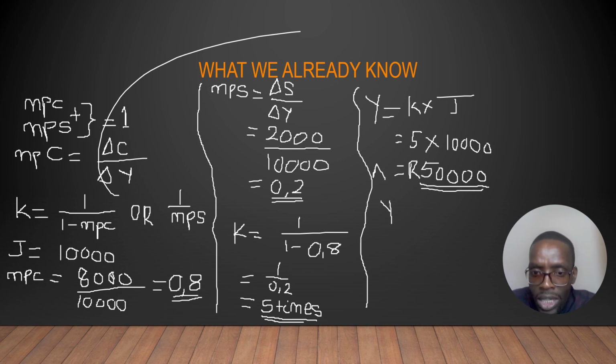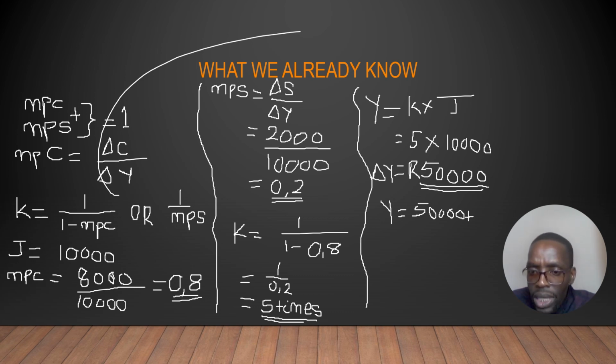This one is the change in national income. So it means now the actual size of our national income is going to be this 50,000 that we have here, plus the amount that we had at first.